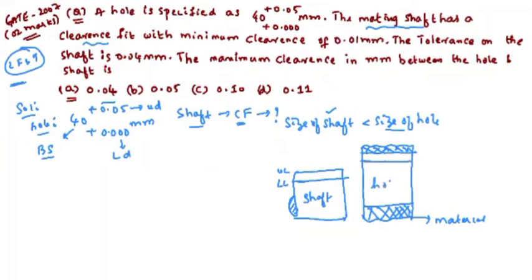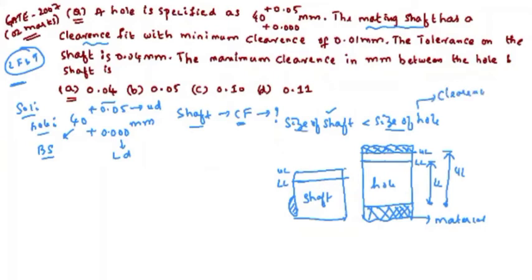This is the corresponding lower limit and this is the corresponding upper limit. So the size of the shaft is less than the size of the hole.